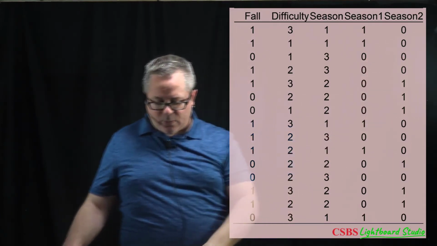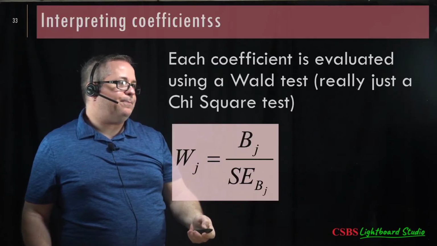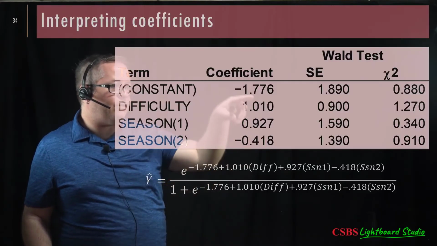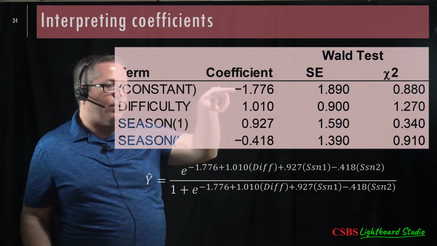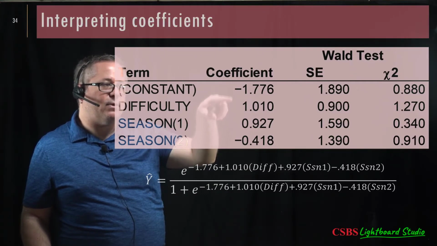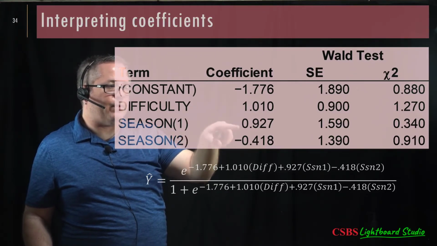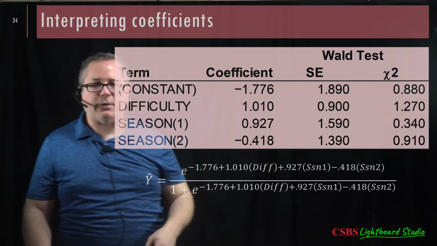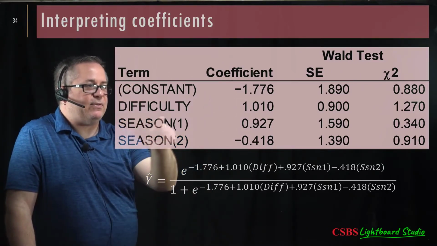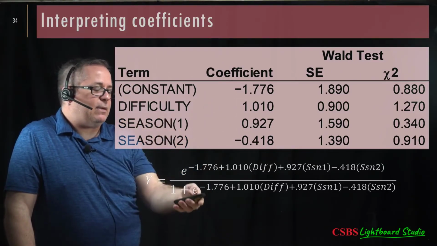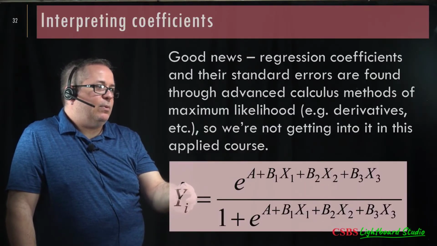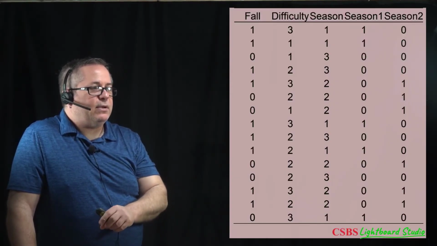But the way this gets interpreted is, this is the value for y when all the x's are 0. For season 1 and season 2, we set it up so that we have 0, and that's our comparison group. But difficulty is sort of problematic, because we don't have a 0 difficulty.